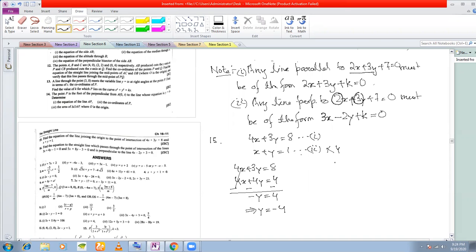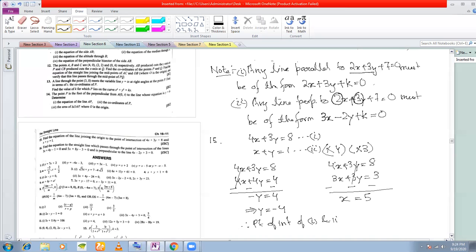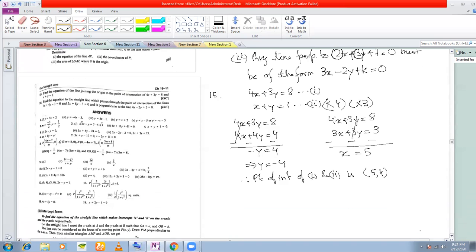Now in order to find x, you multiply the second equation by 3, and you get 4x plus 3y is equal to 8, 3x plus 3y is equal to 3. Subtract. This time the y cancels, and you get x is equal to 8 minus 3, 5. So the point of intersection of 1 and 2 is 5 comma minus 4.